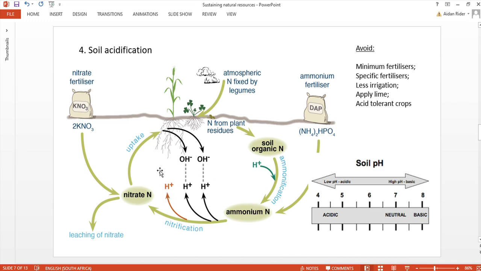Naturally, there are usually other metals like magnesium and potassium close to the surface of the plant roots, and the plants also want to take up these minerals because they need them to grow. But as soon as these nitrates or ammonia come into the soil and react with these metals in the soil, the metals release hydroxide. And as soon as the hydroxide is also released into the soil, water can form here.